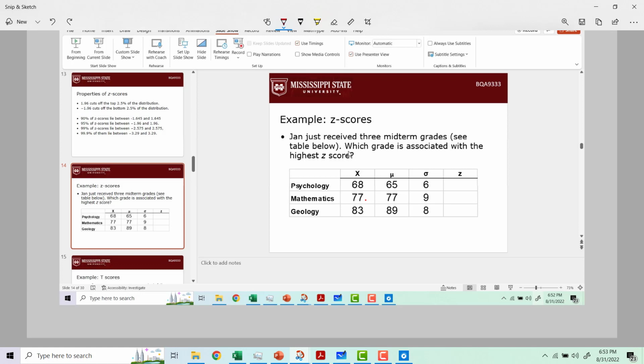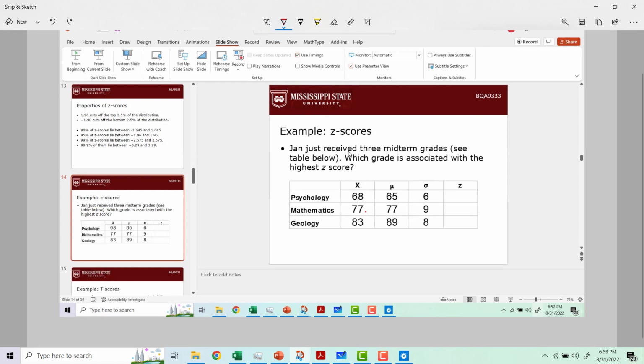But let's just calculate these. So we've got psychology. My z is going to be 68 minus 65 over 6, sorry, the standard deviation. Notice the nice almost round numbers, which gives us 0.5.